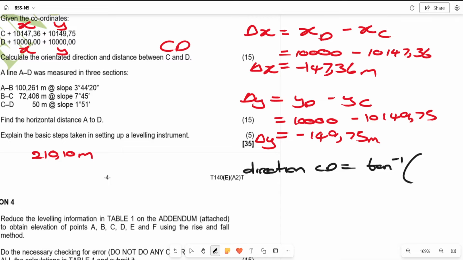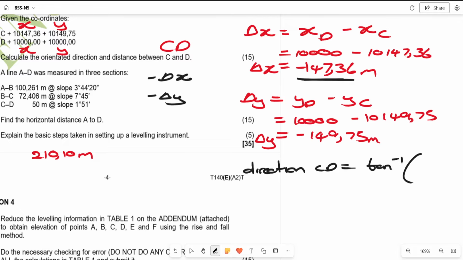It's going to look like that. Now, we need to know which quadrant we are dealing with. Notice that our delta is negative, right? You can see that the value here is negative. So that means that our delta x is minus and our delta y is also minus, isn't it? Delta y is also minus.